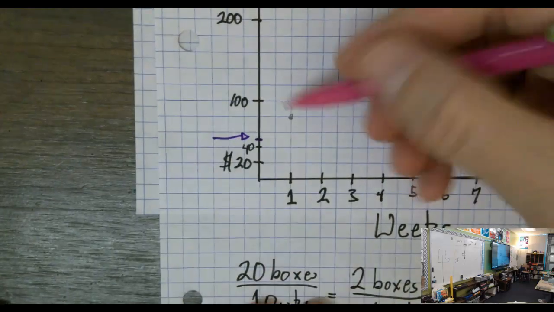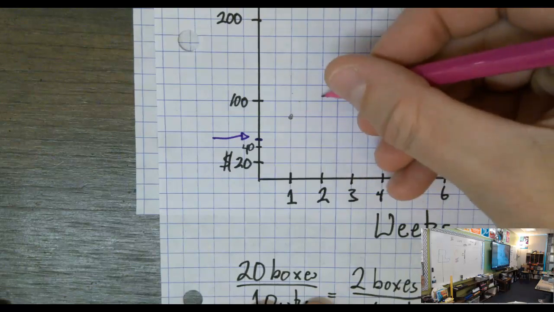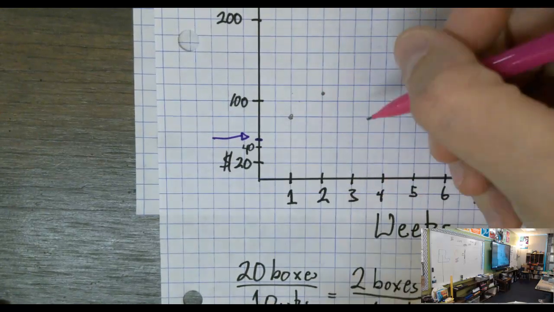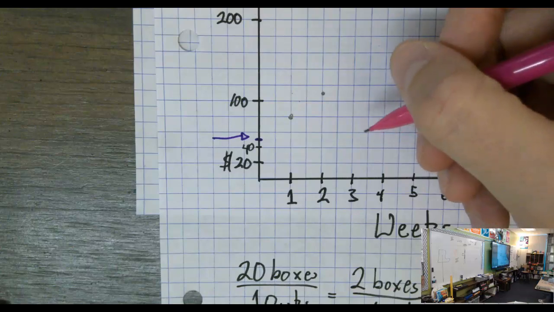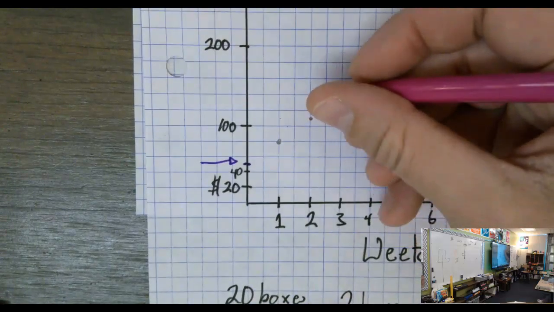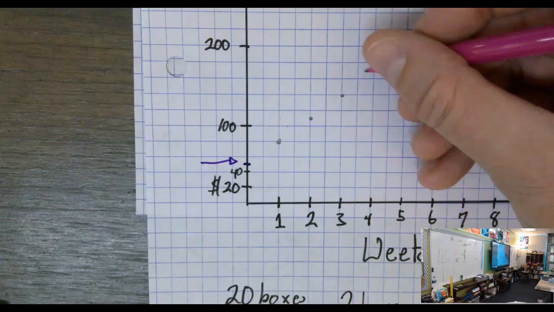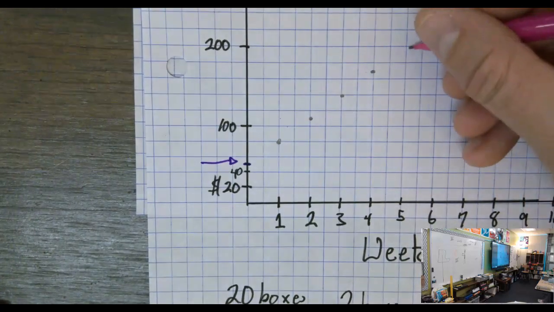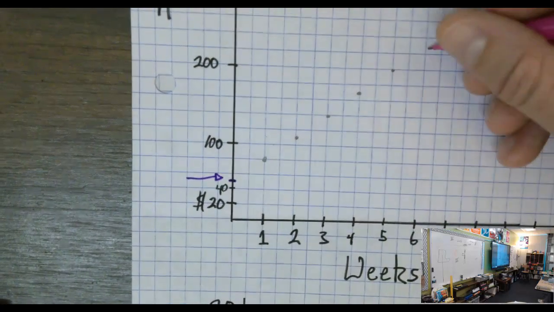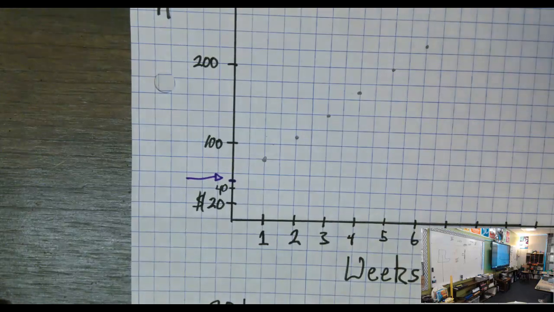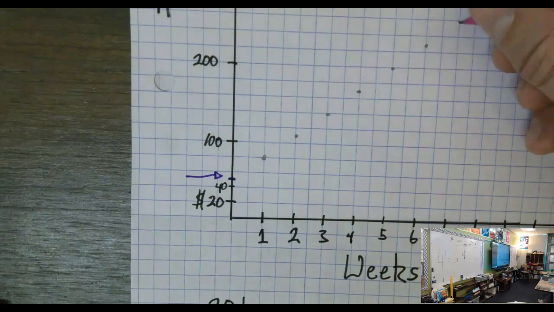I again go up $30 over 1 week, which is 2 boxes on my paper. Again, $30 1 week, $30 1 week, $30 1 week. What should my points be forming? A line.